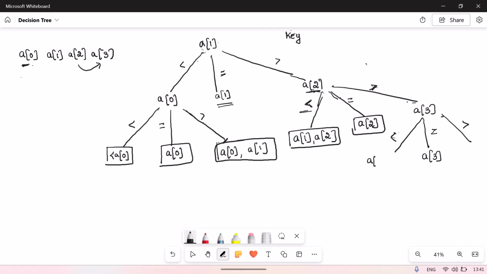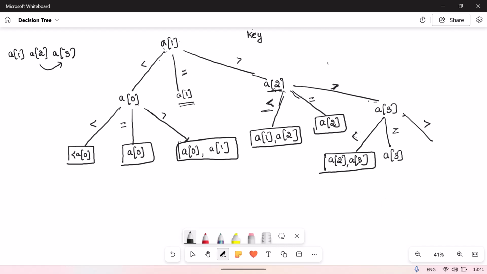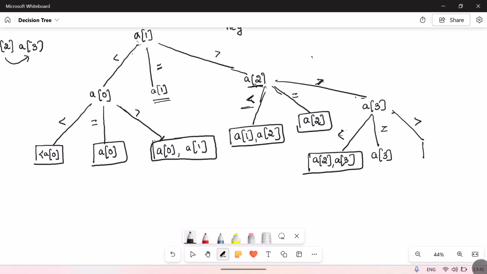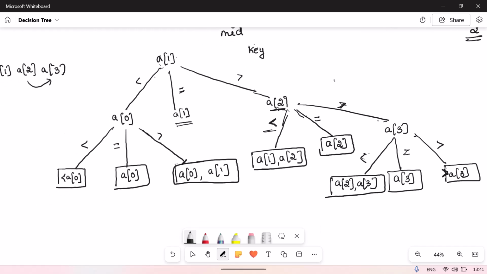So it is anywhere between A of 2 and A of 3. And if it is greater than A of 3, that means the element is not found. So this will be greater than. Like this, this will be for the binary search tree.